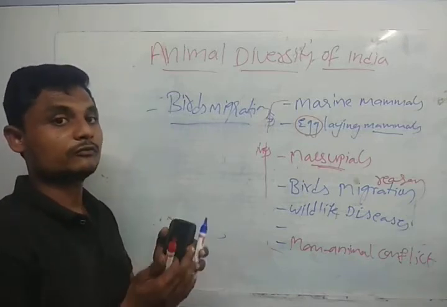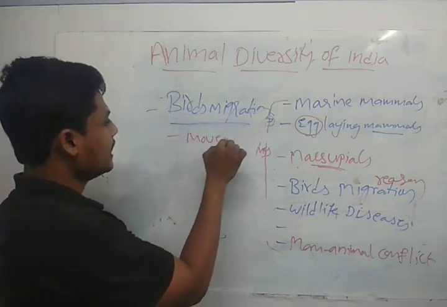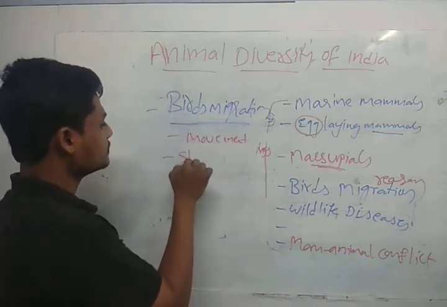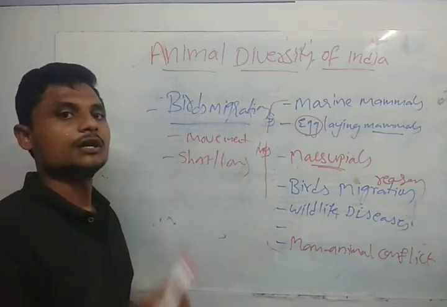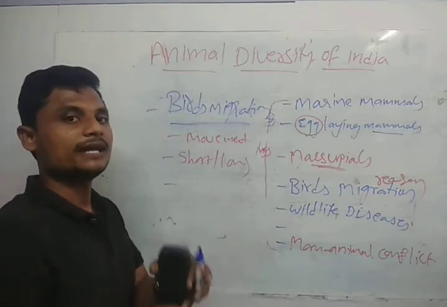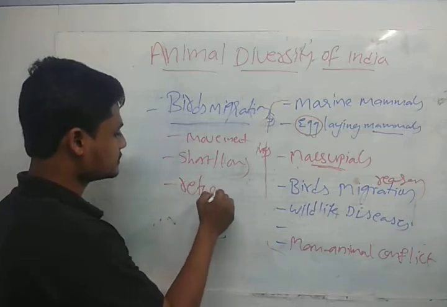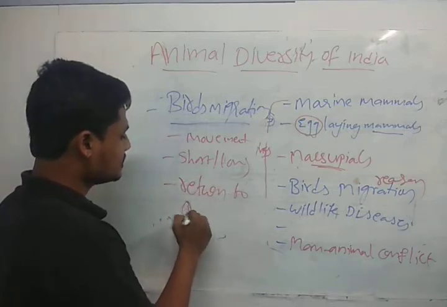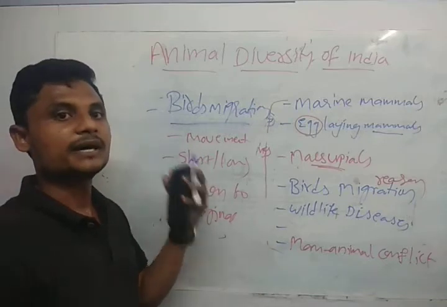It may be a short distance or a long distance. And after moving to some other place, finally after a period of time, they return to their original place. That is about bird migration.